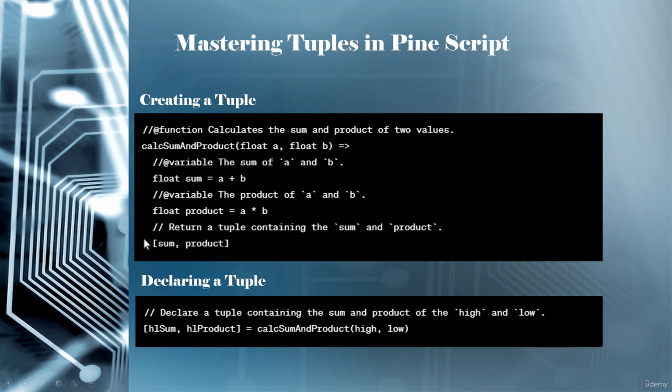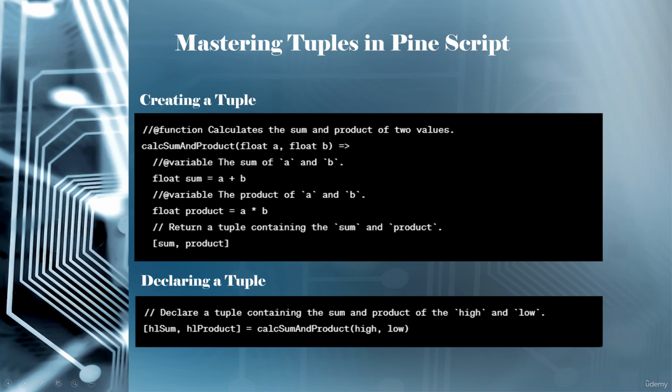And after that, it returns a tuple with two values, which is sum and product. So this is how tuple is used. Remember that the value that is returned from a function is the last value within the function. So this function returns the tuple consisting from two values in it.